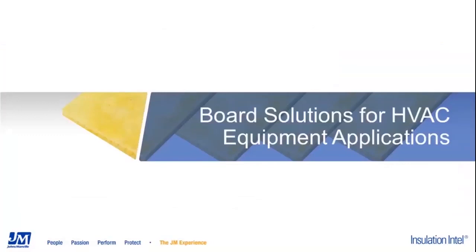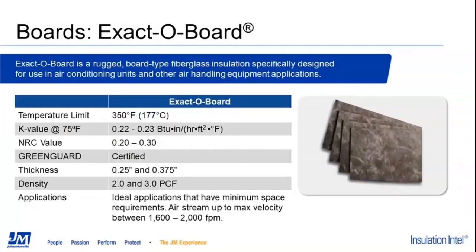Moving into our board solutions for HVAC equipment applications, we have 2 to talk about today. The first is X-Acto Board. It's a rugged board type fiberglass insulation specifically designed for use in air conditioning units and other air handling equipment applications.